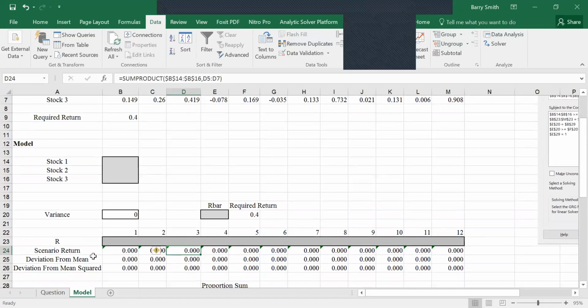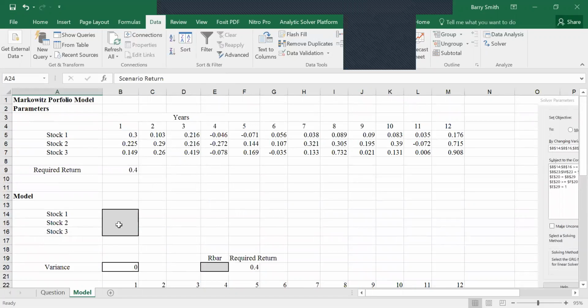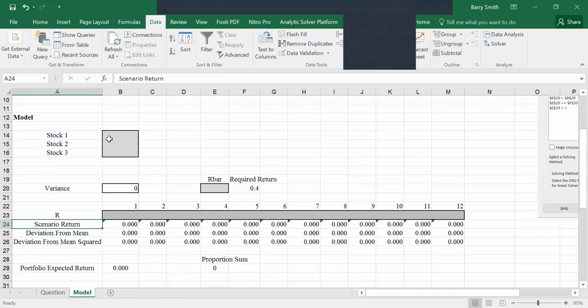So the scenario return is basically each one of these times our model part here, stock 1, 2, and 3. Now, the deviation from the mean is just going to be the value above here, this R that we come up with in our Solver, minus the R bar.